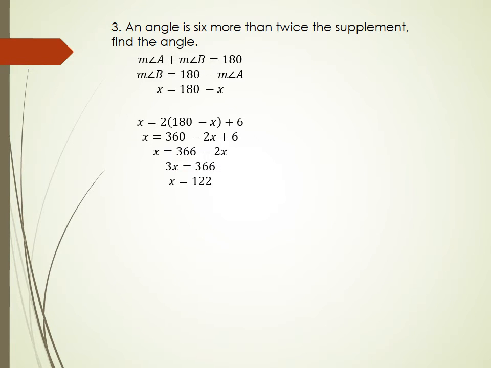So my x is 122. Now that was the angle I was finding because I already determined that measurement angle B was going to be the angle that was 2 times the supplement of the other, and 6 more. So it's 122. I'll show you another way in class that you can do this if you prefer.